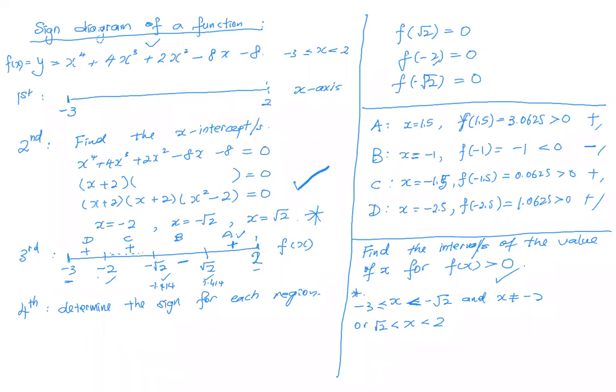It's up to you to go and play around with it. You want to speed up your calculation? You want to speed up the way you draw your sign diagram? Please learn. Master it. Do it quickly.